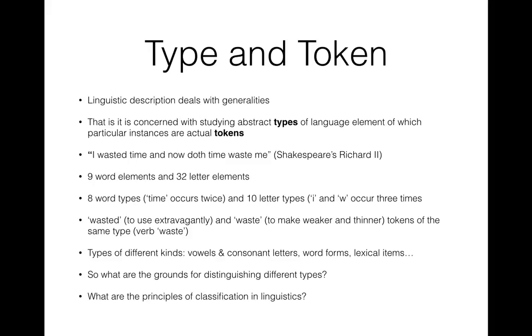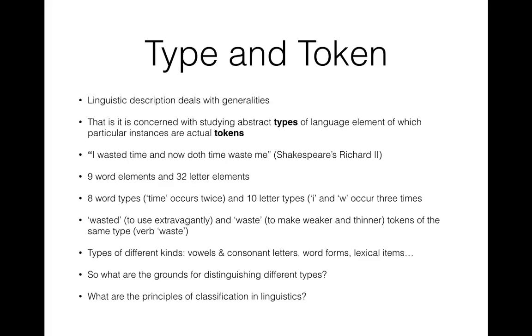Types are generalities, and then in actual daily usage we have manifestations and uses of these types, which we call tokens. So, for example, if you focus on the word wasted, it is repeated twice. Here you have wasted, and here you have waste, but both of them come from the same type, which is waste, the verb to waste.